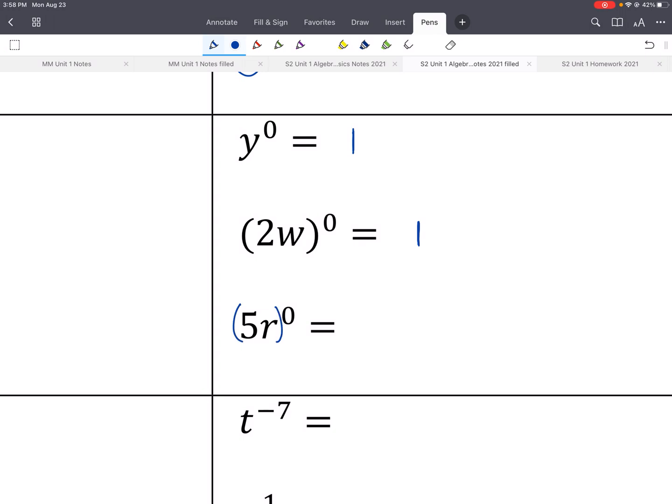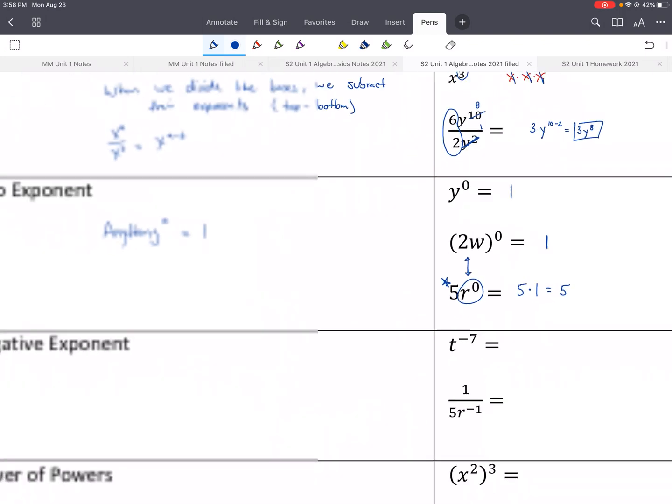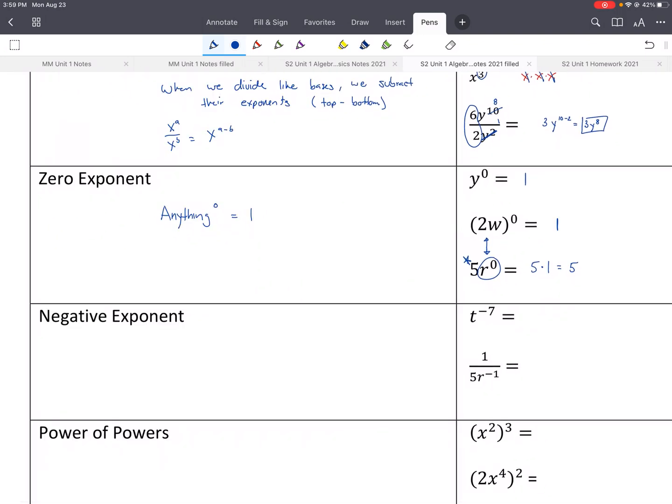If it was like this, then the whole thing would be 1. But here, only r to the 0 is equal to 1. So that's like 5 times 1, which is just 5. So that one's a little tricky. Make sure you see the difference between these two. Okay, parentheses matter. All right.